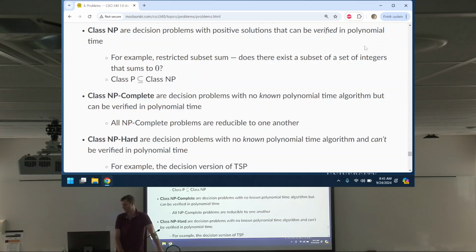But we can confirm it in polynomial time, and all NP-complete problems are actually reducible to one another, which is a fancy way of saying there is a classification of problem called NP-complete, and there are a lot of problems that are NP-complete. But as it turns out, all of those problems, although they seem different, are effectively slightly different formulations of the exact same problem, which is interesting.